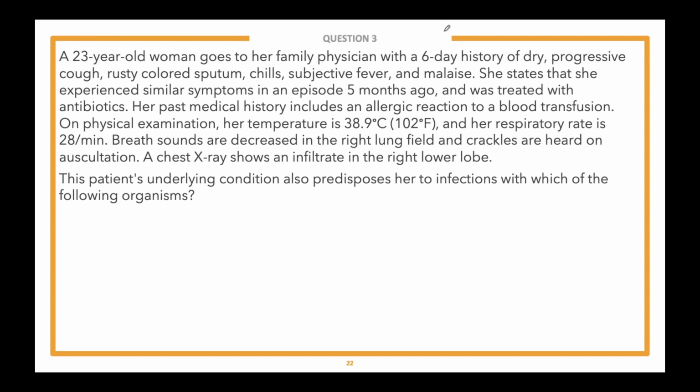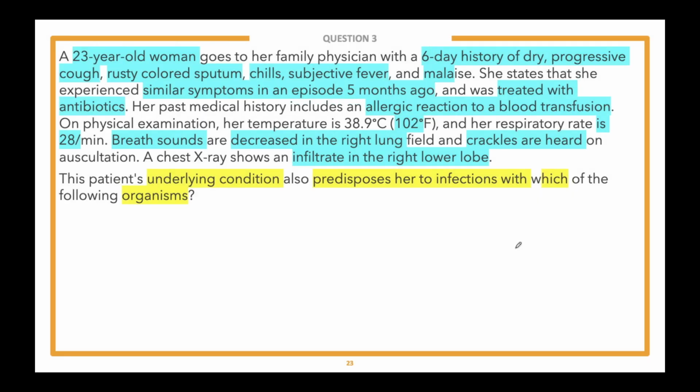Thank you, Sean. So once again, a pretty nice long vignette there. Demographics: this is a 23-year-old woman, so that's going to start changing your differential versus if this was a 70-year-old patient. We're given some signs and symptoms. It's always important to know the duration of those symptoms, and important clues like the color of sputum, as I mentioned before.